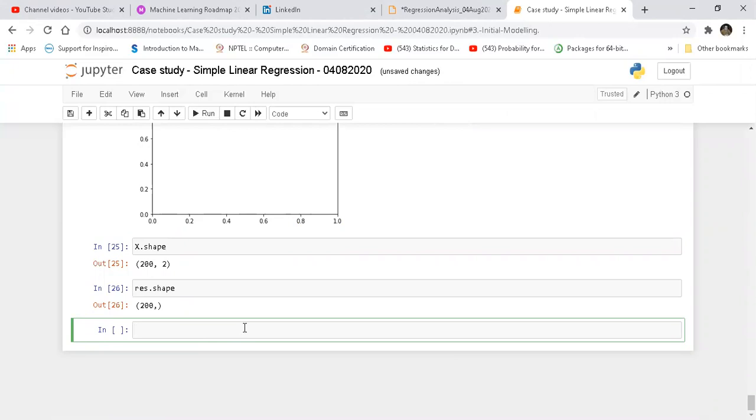I think there is some issue over here. It should not have been the case. Let me just try and understand what is going on over here. What have we done? We have added the constant, and yeah.